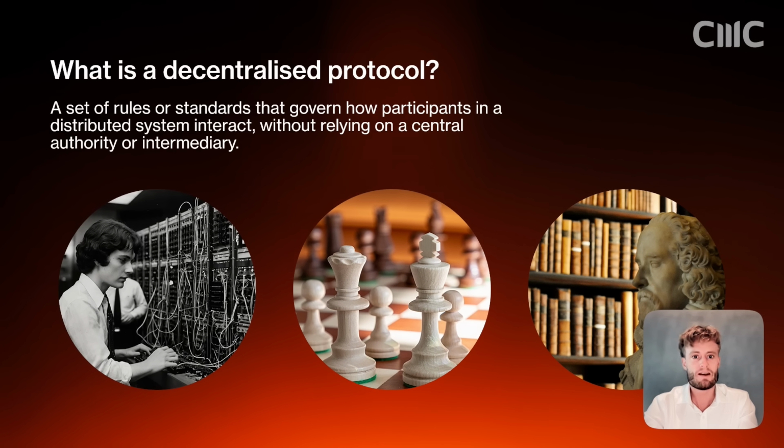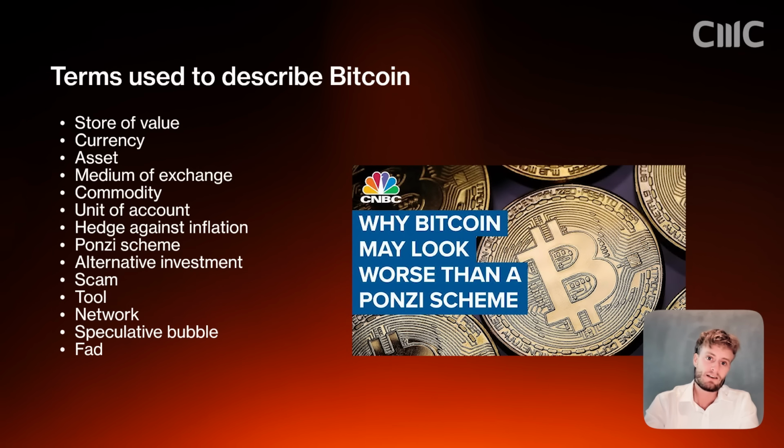And these are terms relating to its practical utility or perceived value. Some common terms you might hear include store of value, currency, asset, medium of exchange, commodity, unit of account, hedge against inflation, Ponzi scheme, alternative investment, scam, tool, network, speculative bubble, and fad.